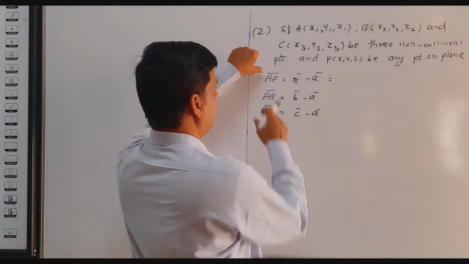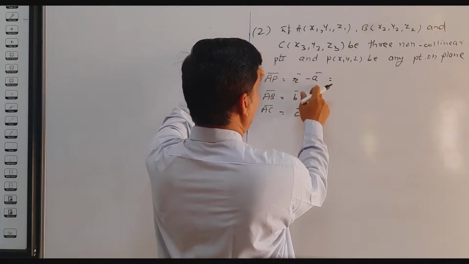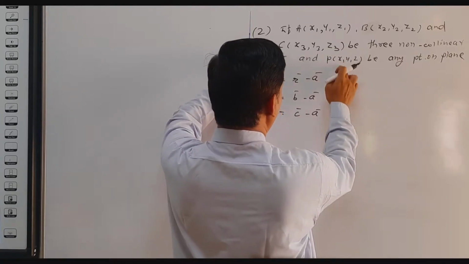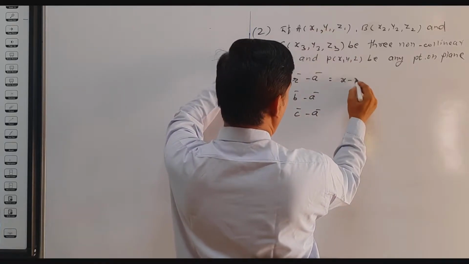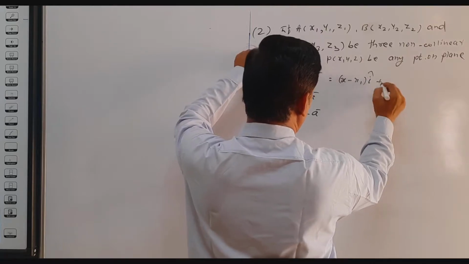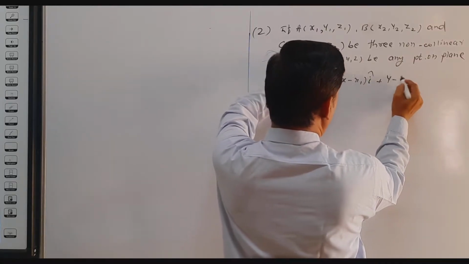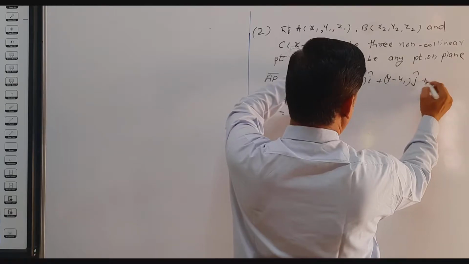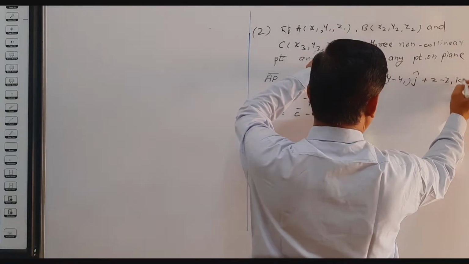So we write the value of vector AP as R bar minus A bar, so we write x minus x1 i plus y minus y1 j plus z minus z1 k.